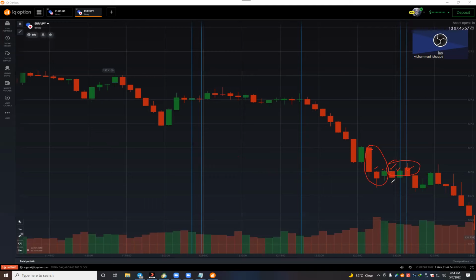The multiple strategy trader also gets good success as compared to the common trader who is using 1 or 2 strategies. Multiple trading is very important. Multiple trading means multiple strategies for the 1 minute and multiple strategies for the 5-minute expiry as well. So you can use these setups.